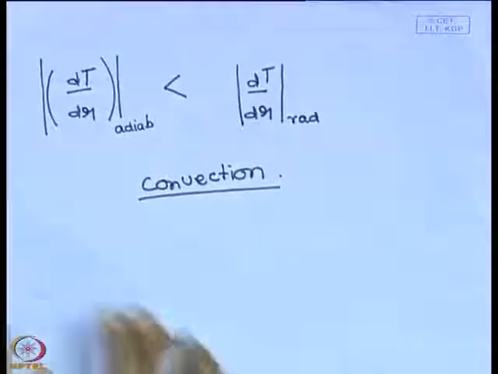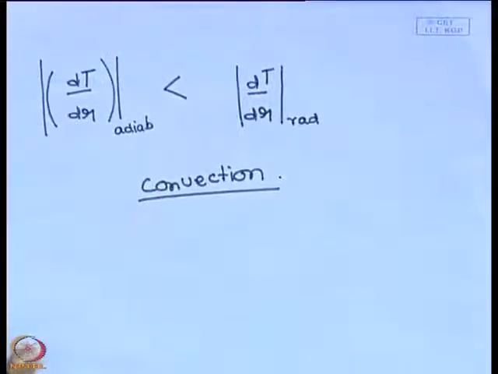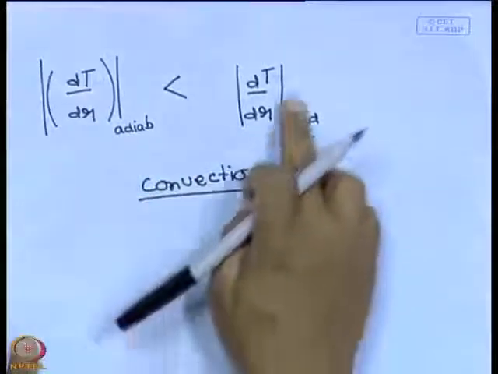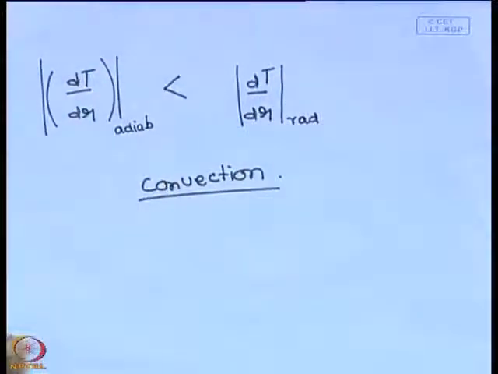Now, when you solve the structure of a star, you have to solve all of those 4 equations which I showed you just now. If the luminosity somewhere becomes sufficiently large that this condition is satisfied, you have convection. When you solve the equations for the structure of a star, it usually happens that the condition for convection is valid in certain parts of the star only.